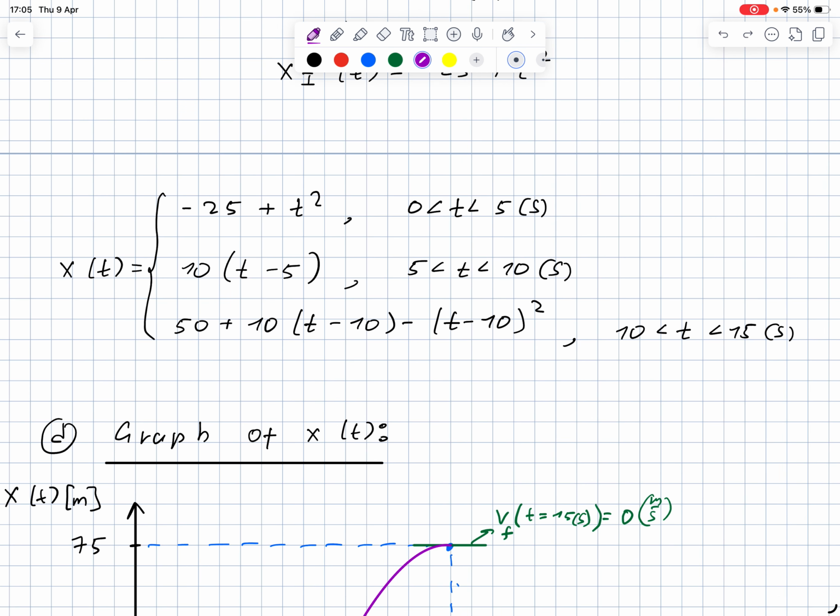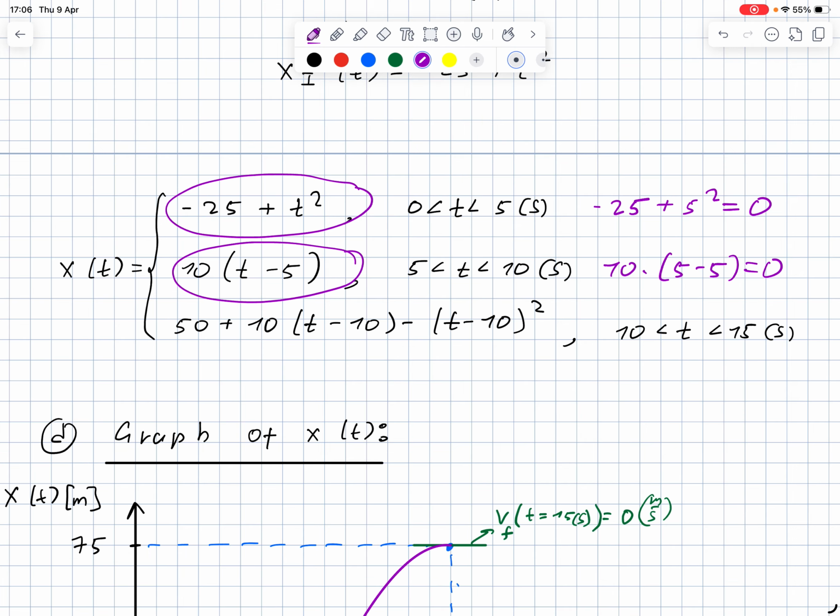You can check: minus 25 plus 5 squared equals 0, or 10 times 5 minus 5 also will give you a value of 0. So it doesn't matter, you can use either expression to calculate the position of this object when t equals 5 seconds.